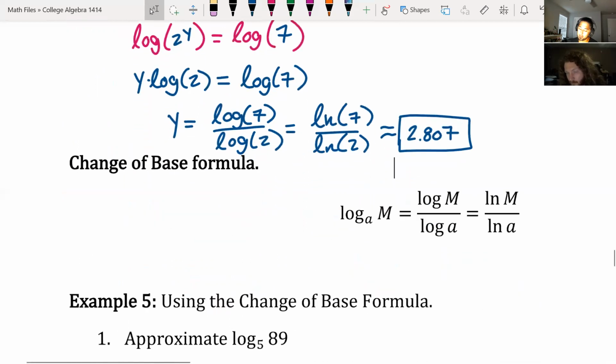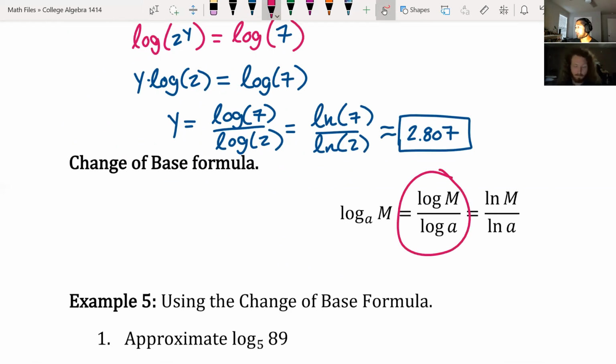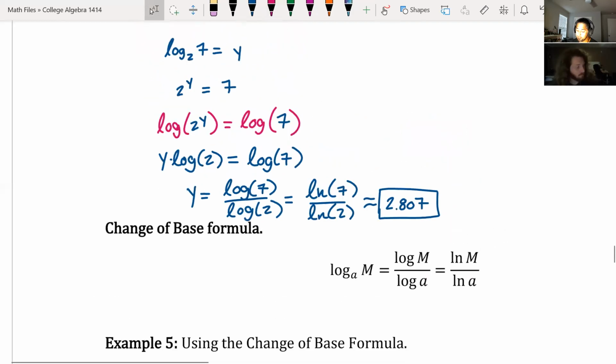So if you're ever given log base a of m and you're told to approximate the value, well, we know that you can change the log base a of m into the log of m over the log of a, or equivalently, the natural log of m over the natural log of a, and you'll get the same exact answer. So we have proven the actual change of base formula by what we've done above. So this is another way to approximate logs. So let's go ahead and try it out below.